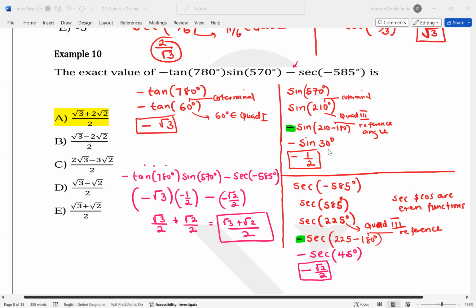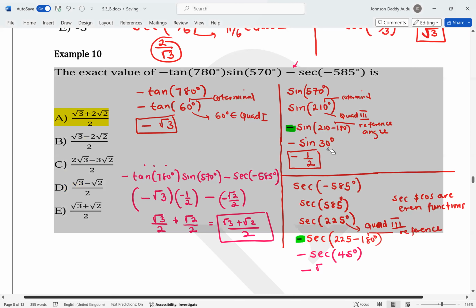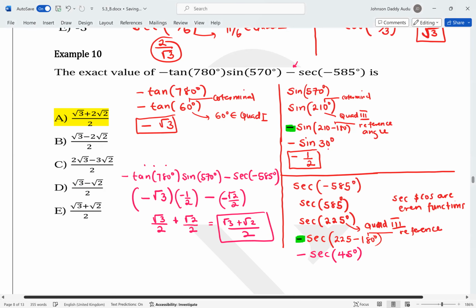Yeah, I think there is something wrong here. If you look, this is sec, so I think this is wrong. Here it's minus, right? But sec 45 is just root 2, yes, because we know that cosine 45 is 1 over root 2. So this is just minus root 2 here. It means that we will have something different.